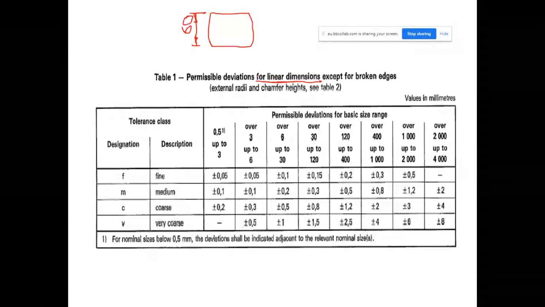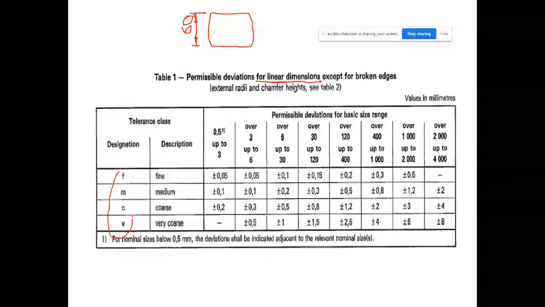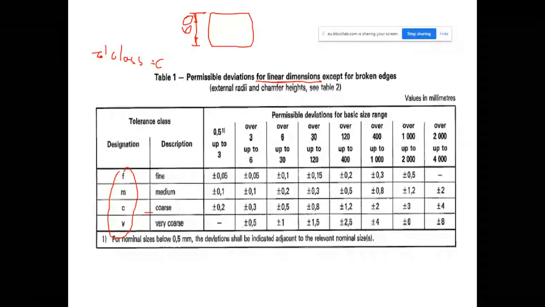For linear dimensions, the table to refer to is the first table. And these are the class letters. The class letter is gathered from the title block. In our example, the tolerance class letter is C, which means coarse class.